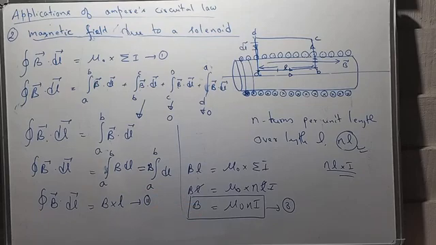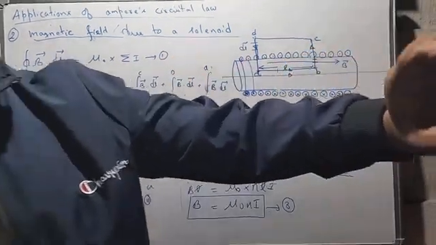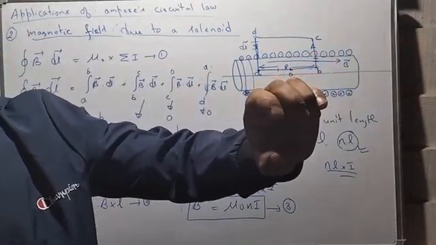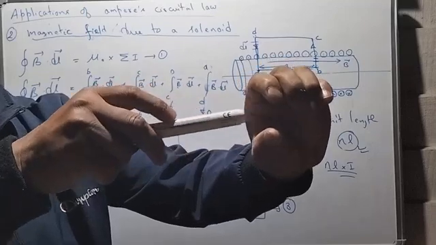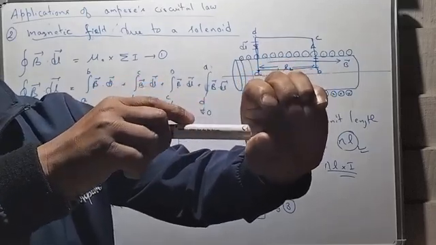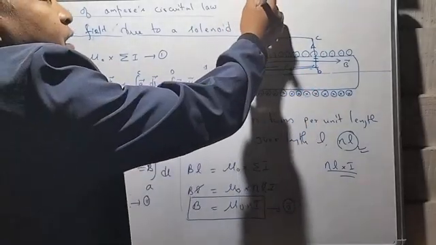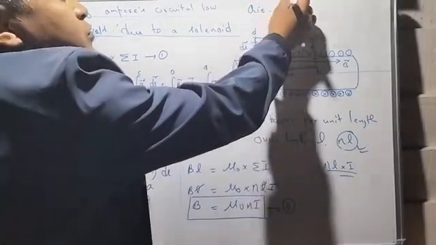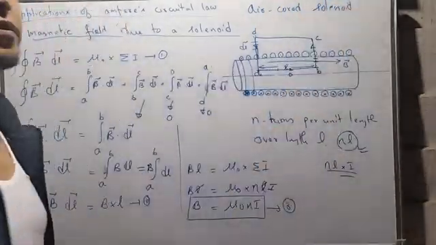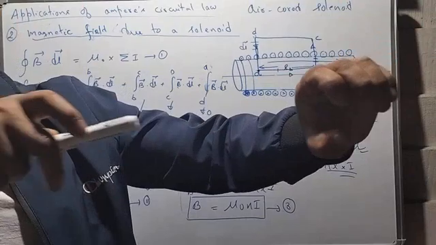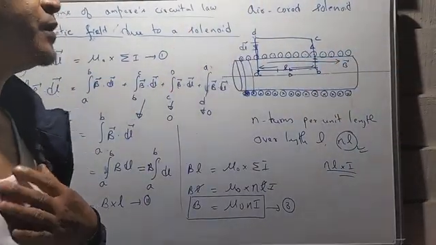Now, suppose this is my solenoid. Inside it is empty. If it is empty, then I call this solenoid an air core solenoid. When the space inside is empty, we call that solenoid an air core solenoid.